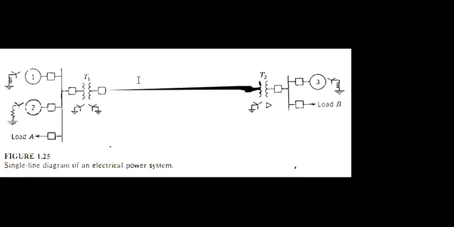So two generators will have the configuration of series impedance or series reactance. For the load, we can consider RL or RLC, depending on whether it is lagging or leading, or sometimes a combination of RLC. As well as the transformer, you know the equivalent diagram of the transformer by this time, I think.